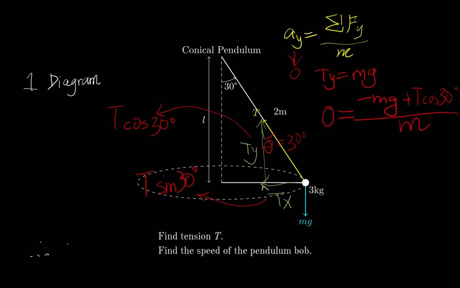In this case, we can derive T, which is mg over cos 30, not mg cos 30, my bad. Plugging in the values, we get T equals 34 N.